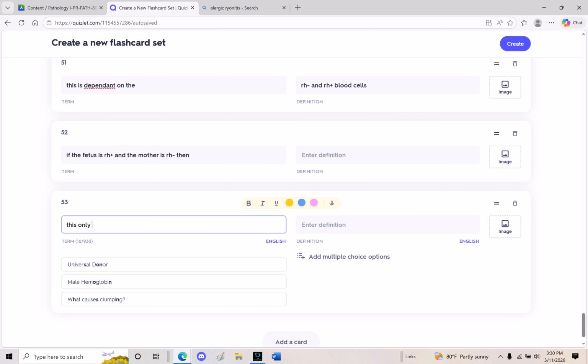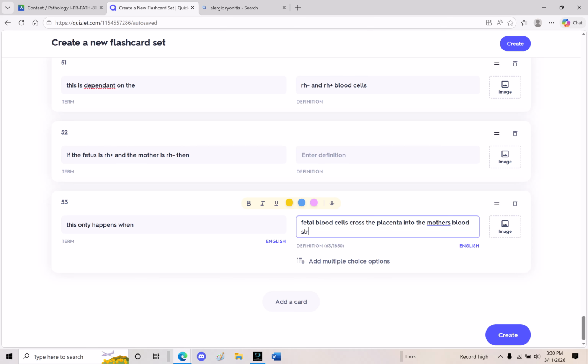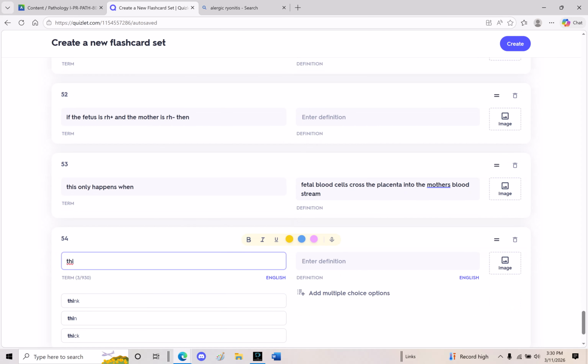So if I have a fetus that has Rh positive and a mother who's Rh negative, there is no immune reaction occurring because the mother's immune system is never exposed to the Rh positive red blood cells until birth or miscarriage. Now, when one of those two things happen at the end of that pregnancy, right, that is when your immune system is exposed to something it recognizes as foreign, and now it is prepared to attack it.